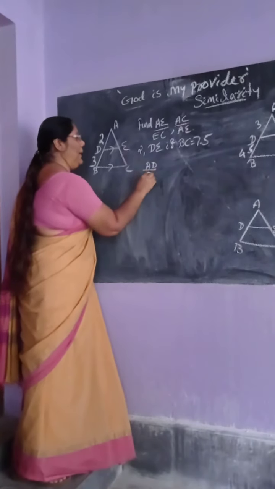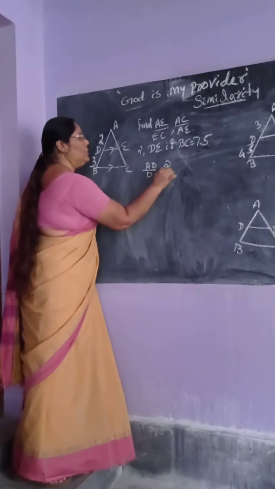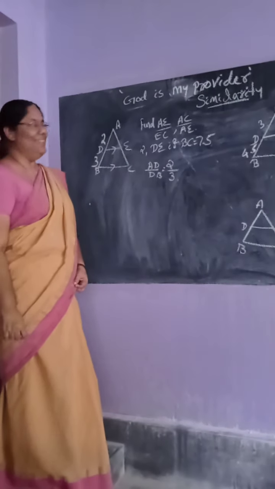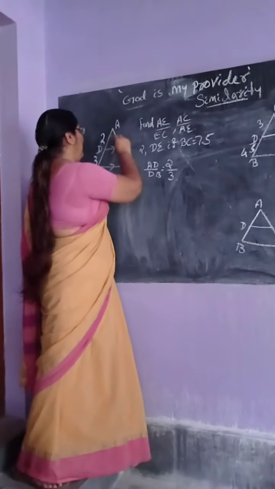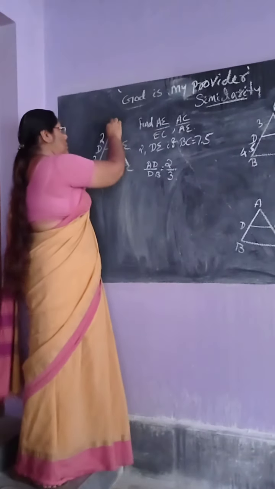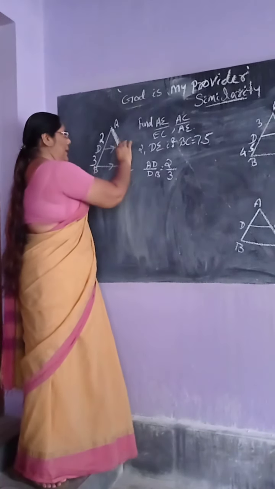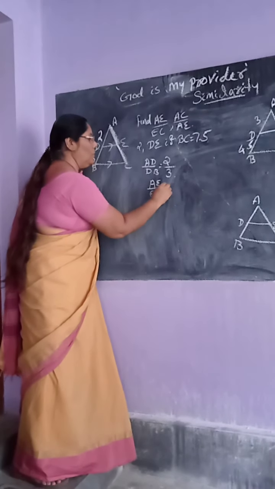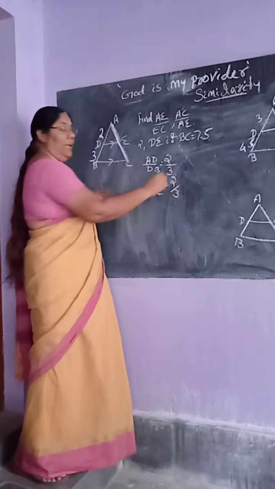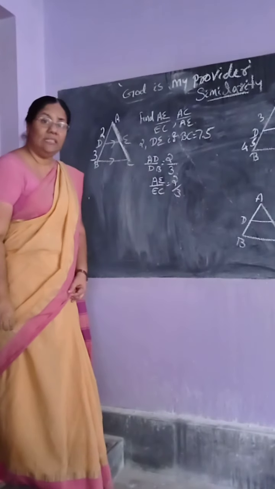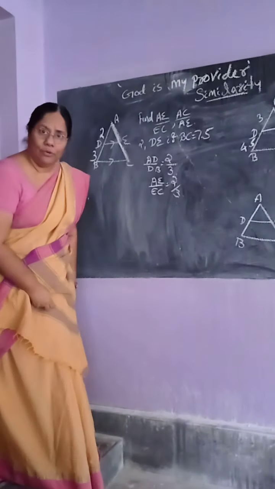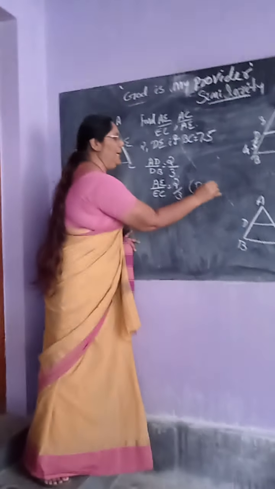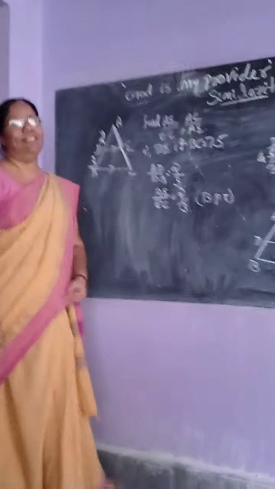AD by DB is given 2:3, means 2 by 3. Then we can say that AE by EC, AE means this part, by EC, is also 2 by 3. What is the reason you have to write? Basic proportionality theorem. Within bracket write BPT.